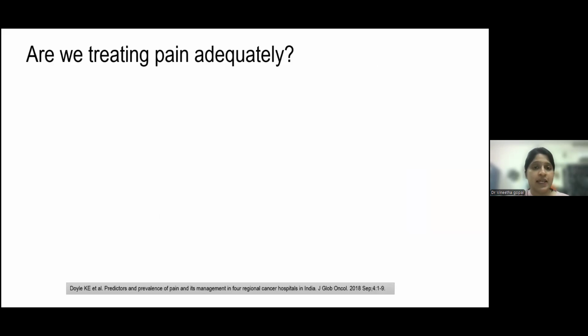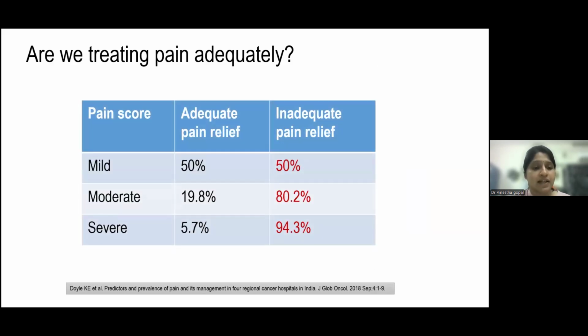And are we treating pain adequately? This study published in 2018 found that when the pain is mild, we are able to give adequate pain relief in only 50%. Even with mild pain, they are not getting adequately treated.